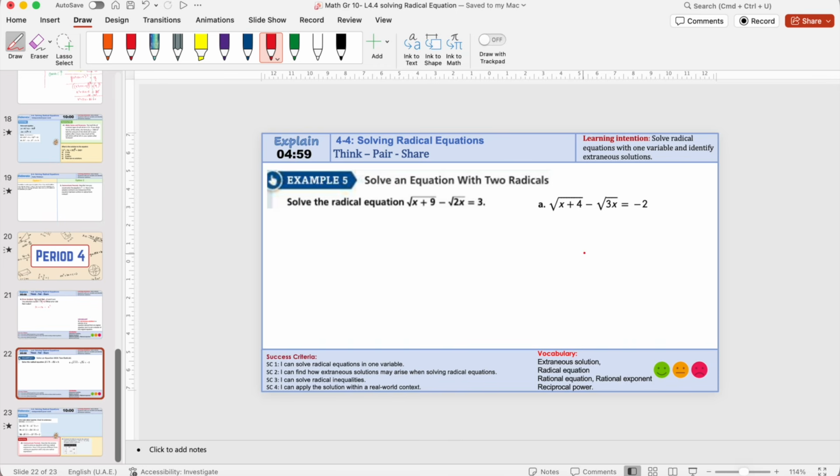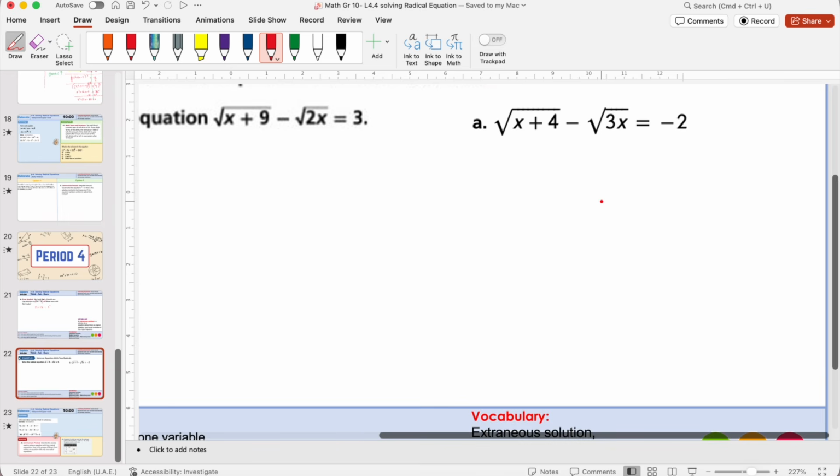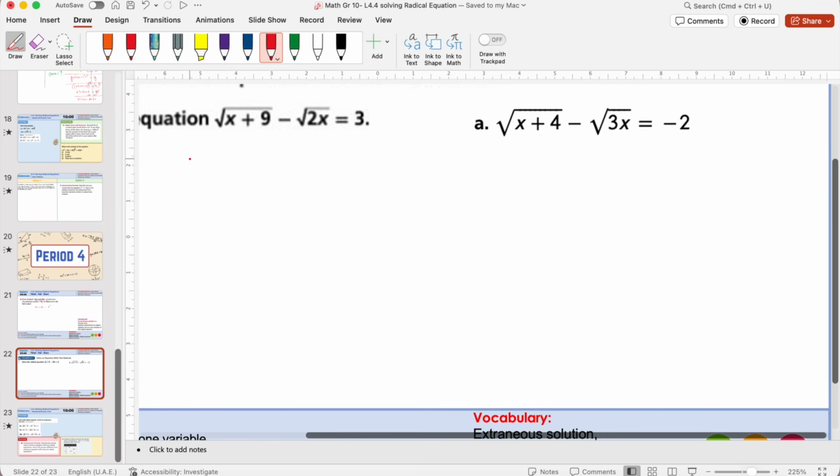Anyways, what if we have double roots? So in this case, how do we solve equation with 2 roots? Everything we have been doing, we have always one root to isolate. So here, how do we do that? First step is isolate one of the roots.